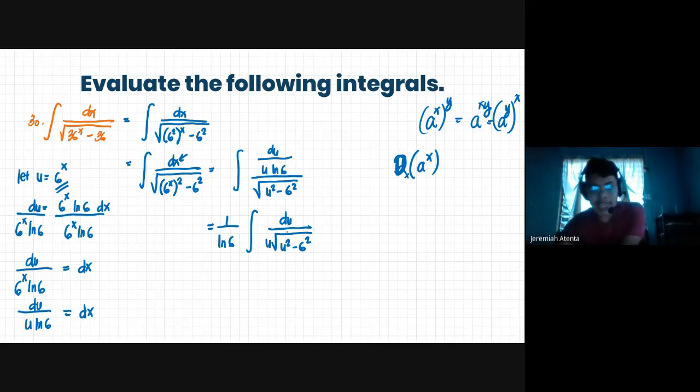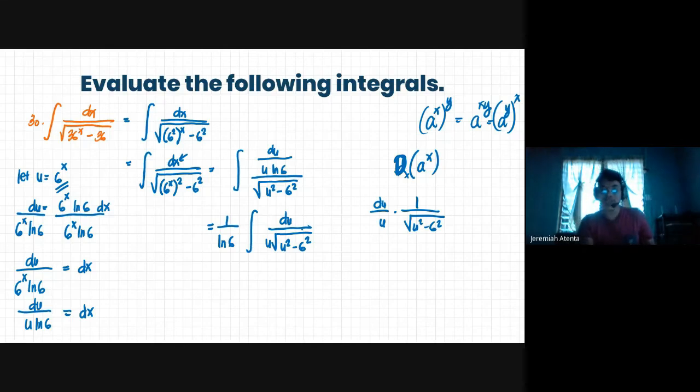Tama? Sir, bakit naging ganito? Take note, dividing fractions. Si ln 6 na wala na yan. So, ang natira is du over u times the reciprocal of the denominator. The reciprocal is 1 over square root of u squared minus 6 squared. And the result will be this one.